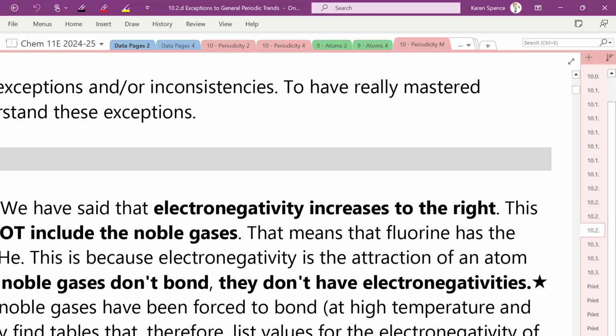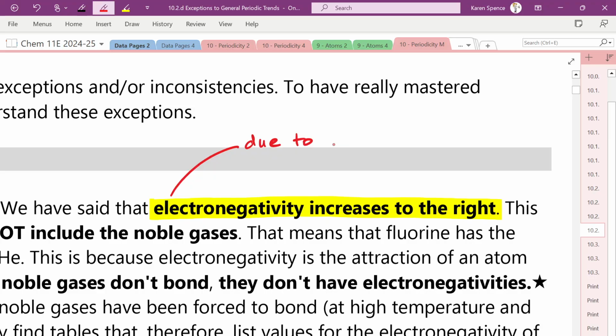Electronegativity increases to the right. Tell your partner why. What's the root cause?